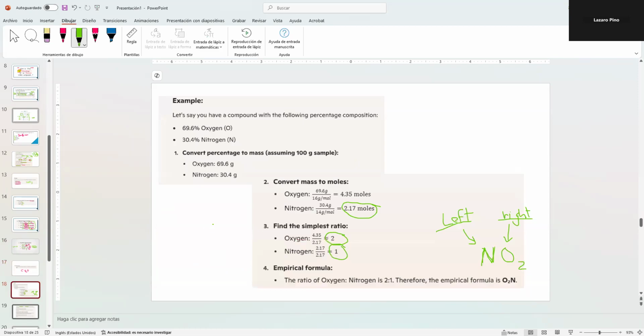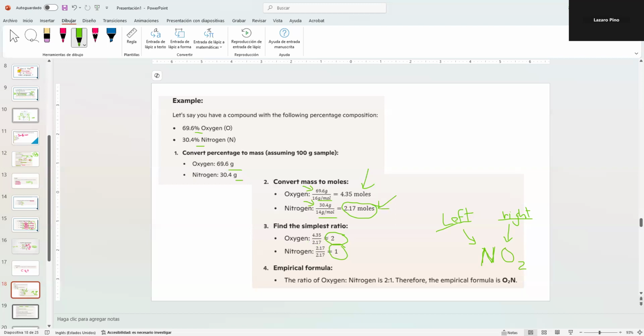In this case, we are going to see this example. For example, this compound contains 69.6% of oxygen, 30.4% of nitrogen. You consider that these percentages are grams, and later you divide each gram by the atomic mass in the periodic table, and you get moles of every atom, and then you divide by the smallest.